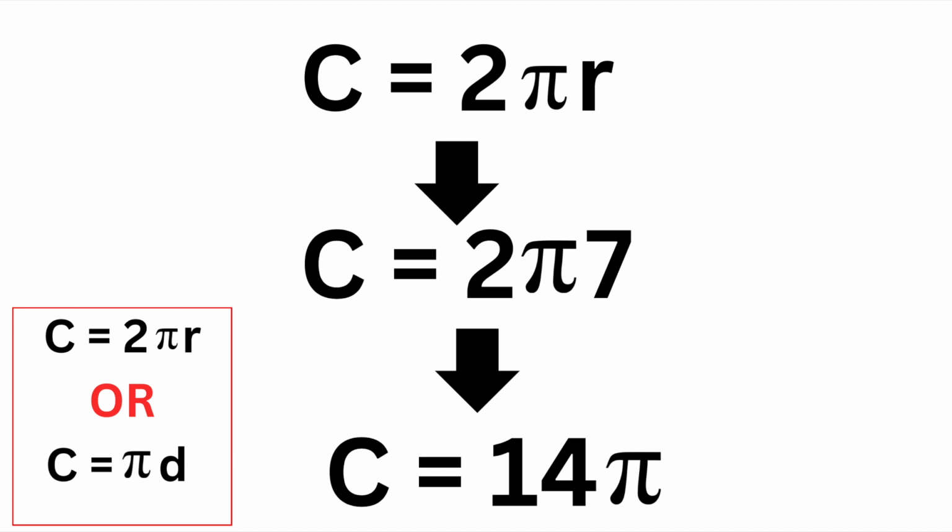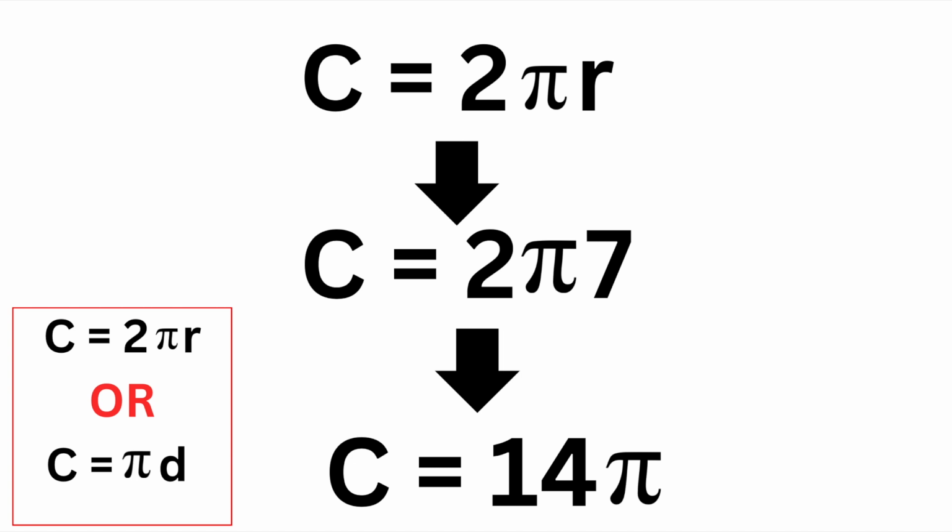Now let's plug in what we know to our formula of choice. In this particular example, we are going to use the first listed formula. So the first listed formula that we have is C, circumference, equals 2 times pi times r. So we know that C equals 2 times pi, and our r value, our radius value, is 7 feet.